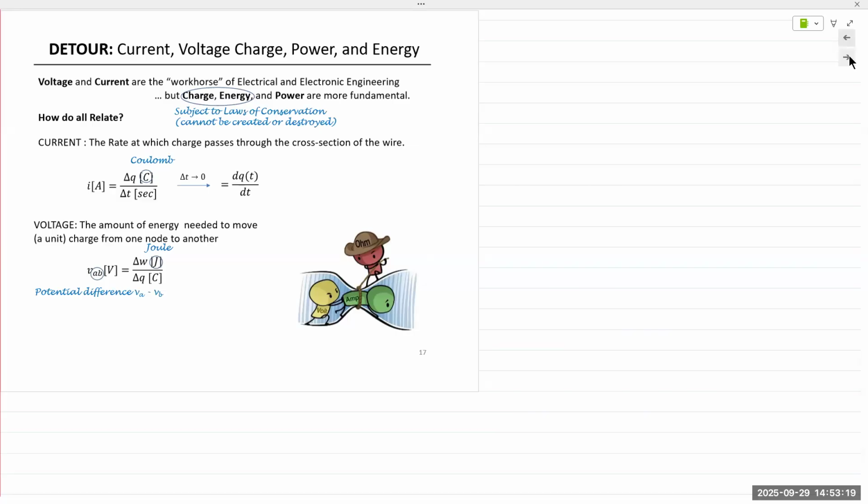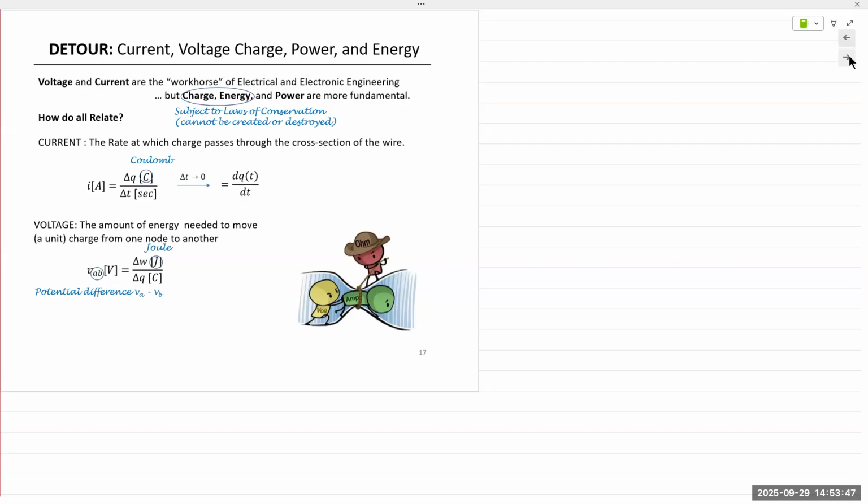Electrons have negative charge. Protons have positive charge. Protons are bound within the nucleus, cannot move, cannot go anywhere. Electrons are orbiting. If they acquire sufficient energy, whatever form that energy takes, they could potentially leave that atom and go jump to another atom or leave the structure altogether and be free to move around. When they move, they carry their charge with them.